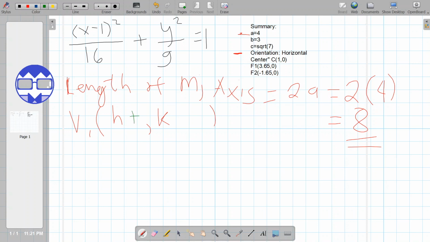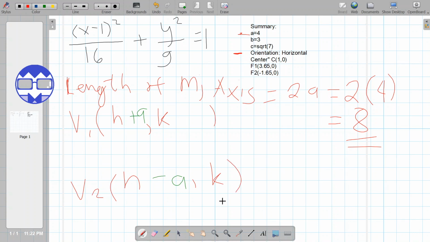So our first vertex is h plus a, k. How about the second vertex? The second vertex is h minus a, k. Again, there are 2 points that are opposite to one another.